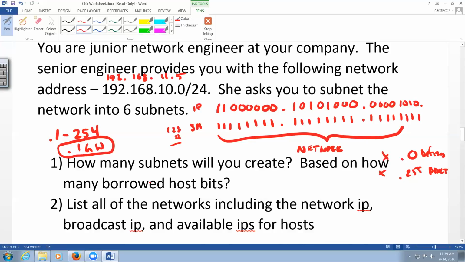If I did an ARP or a ping, the MAC address leaving this network would be reachable. It'd be 192.168.10.1. So that would be the IP address, and whatever the MAC address is of that gateway device, it's going to be that MAC address.